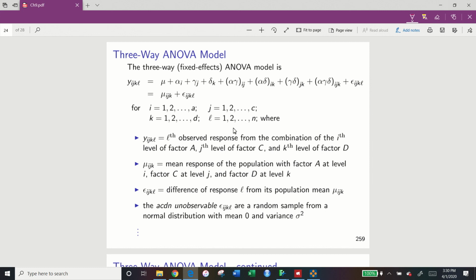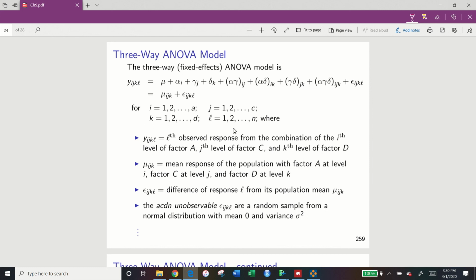y_ijkl equals the lth observed response from the combination of the ith level of factor A, jth level of factor C, and the kth level of factor D. Mu_ijk is the mean response of the population with factor A at level i, factor C at level j, and factor D at level k.